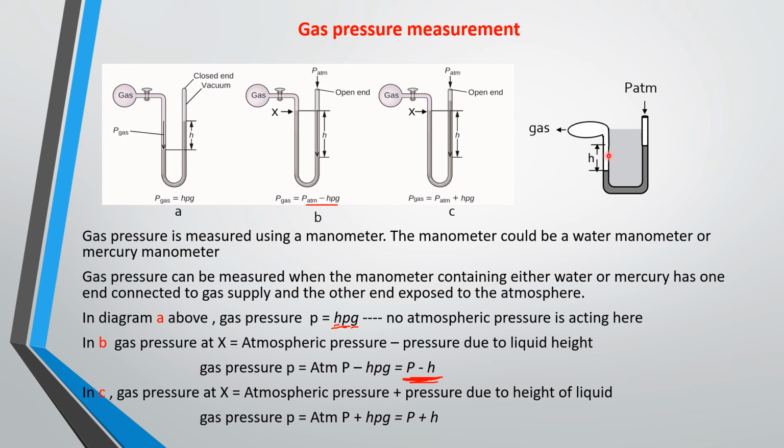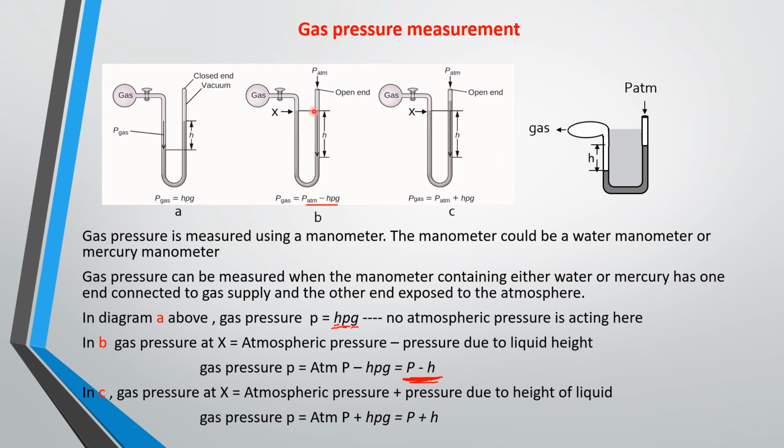I brought this diagram out to make it clearer. So the pressure of this gas equals the pressure of the atmosphere plus the pressure due to this height, which is atmospheric pressure plus h rho g.